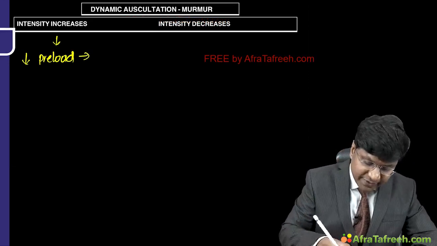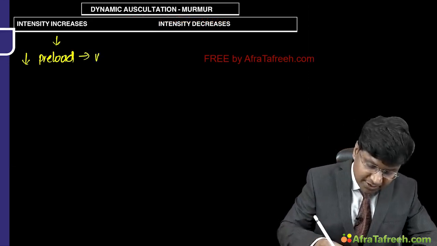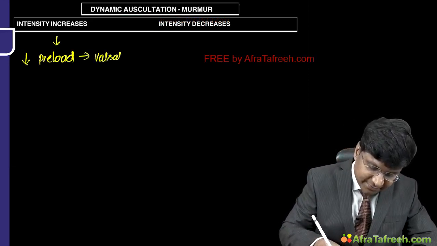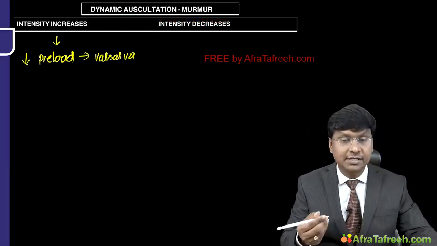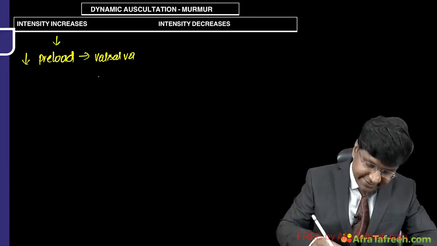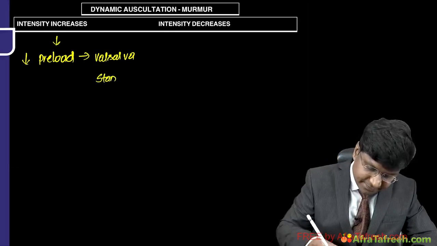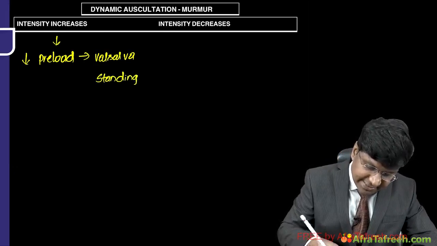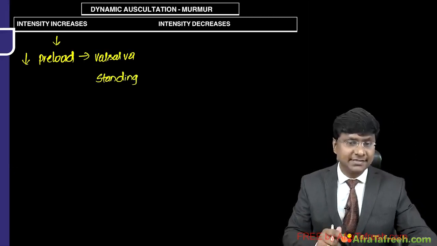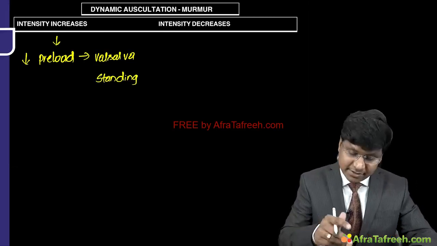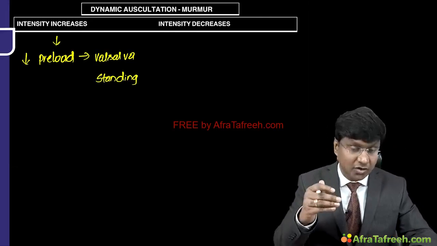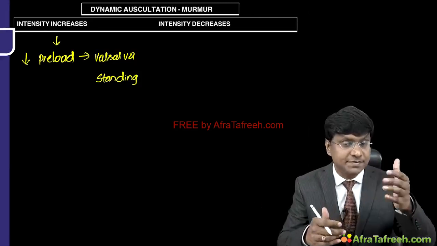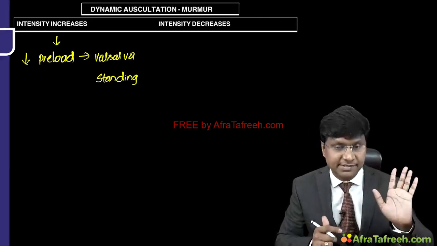What are the conditions where there can be decreased preload? That is in Valsalva. When the individual is doing the Valsalva maneuver, or on sudden standing, there will be a decrease in venous return. Thereby, the preload decreases, the LV volume decreases, obstruction increases, and the murmur increases.